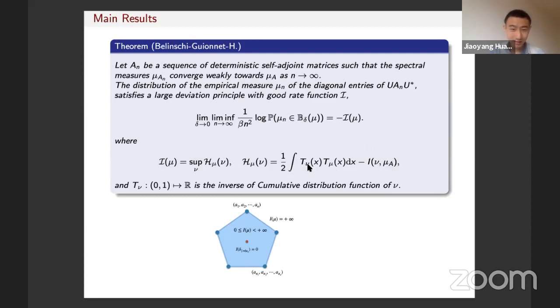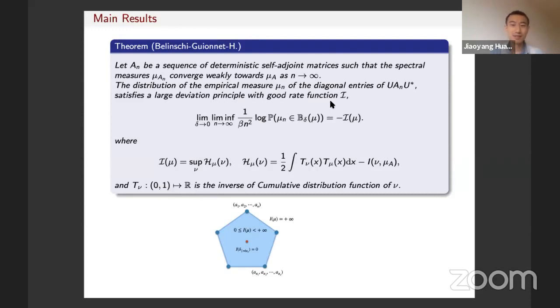Here T_nu, for any probability measure nu, is the inverse of the cumulative distribution function of nu, which is an increasing function defined from (0,1) to R.